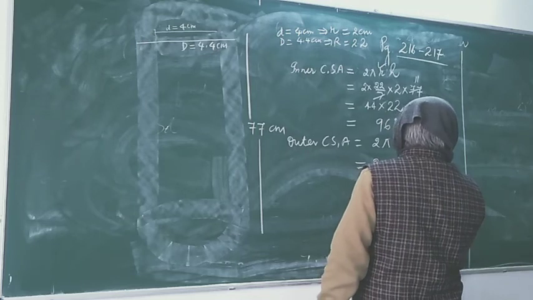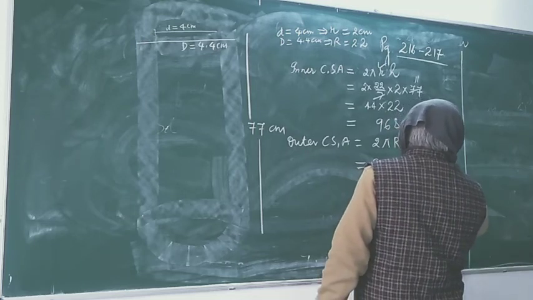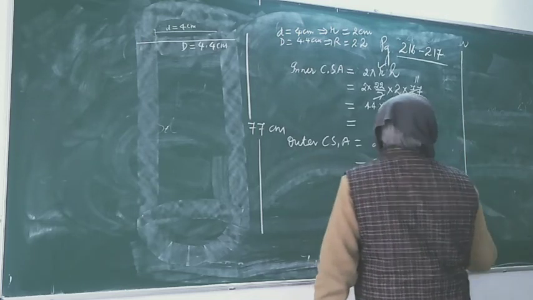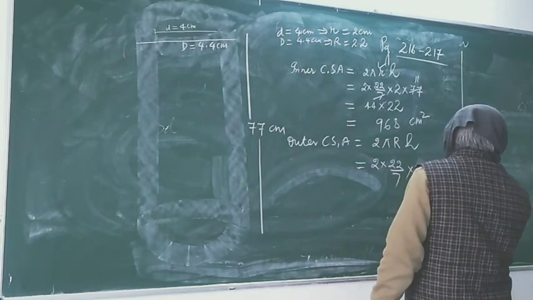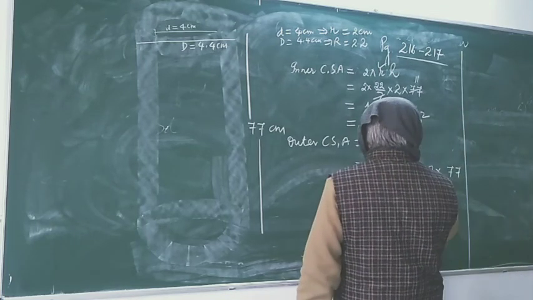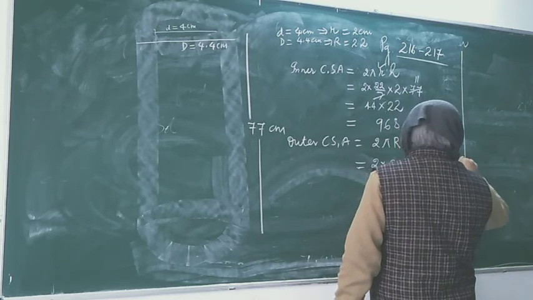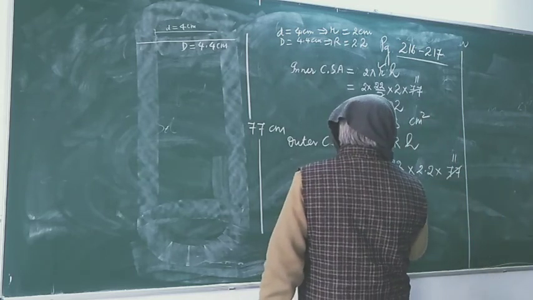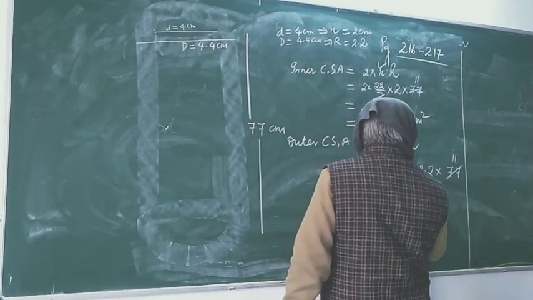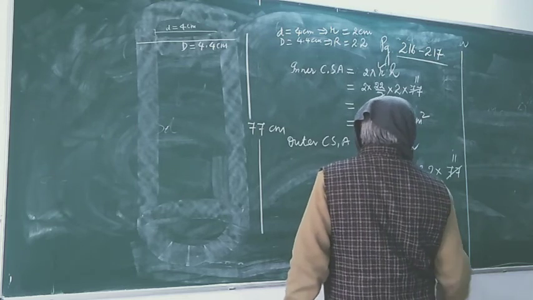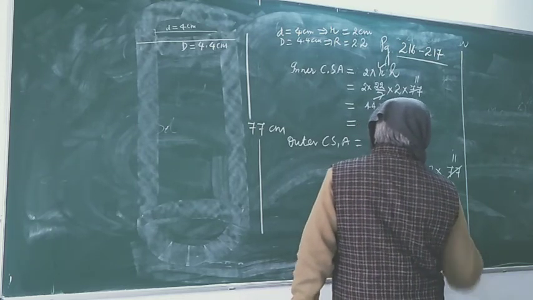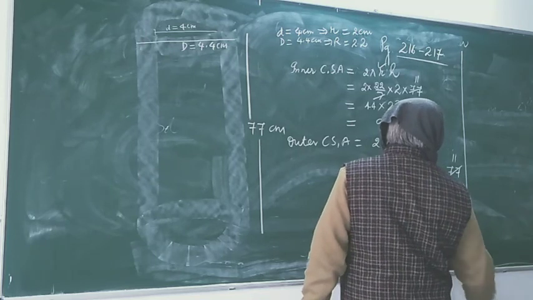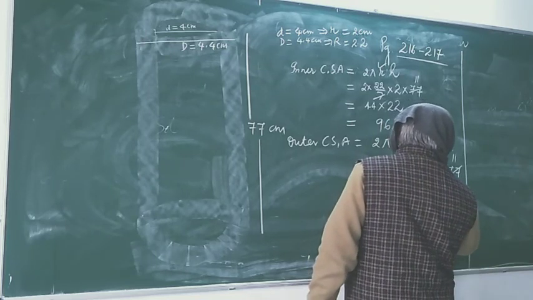2.2 into 77. Now this one 11, this one 44, multiplied by 22, 22 plus 24.